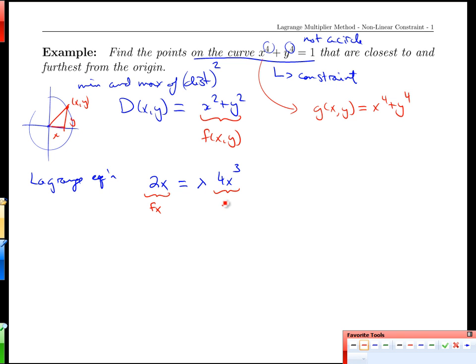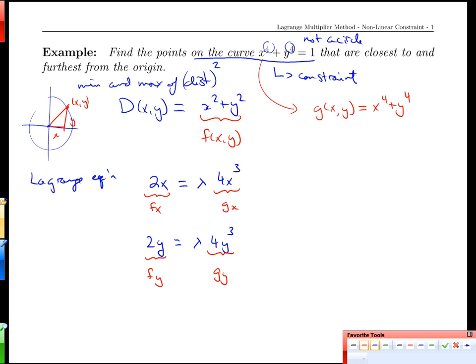There we go. That's our x derivative of g, and likewise we take our function and we take the y derivative. Nice, 2y here. Lambda times the y derivative of g is 4y cubed. F sub y. Oops, lambda isn't in the derivative, it's just the second part here, g sub y.